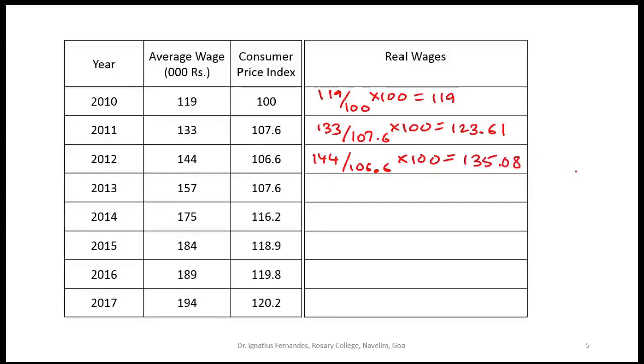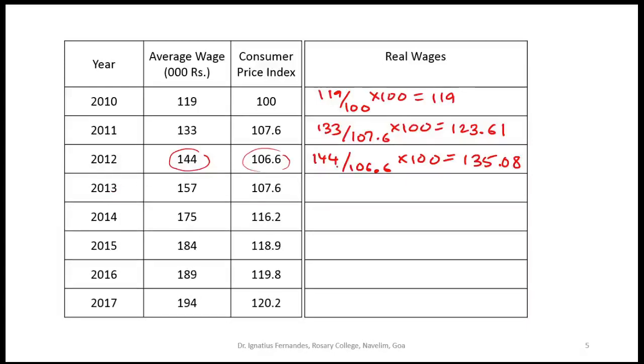So what this means is, even though it looks like the worker had earned 144,000 rupees in 2012, the real income by taking into consideration the consumer price index is only 135,000 rupees. So by taking into consideration the price indices, this is how we adjust the income.